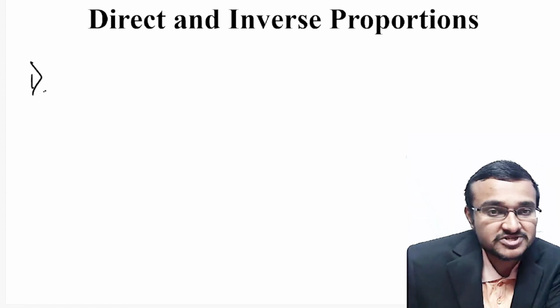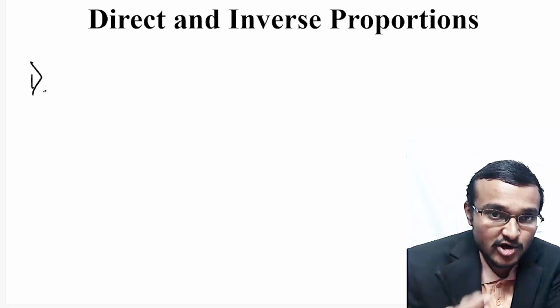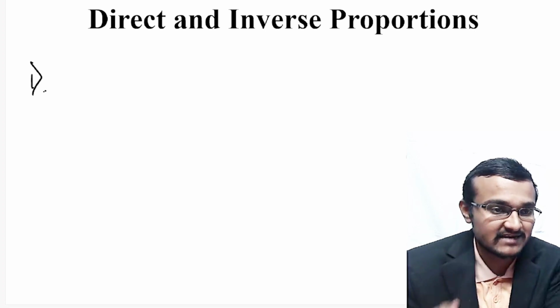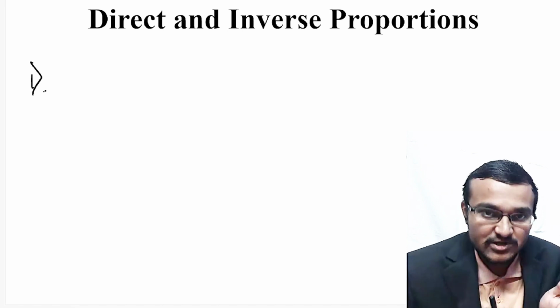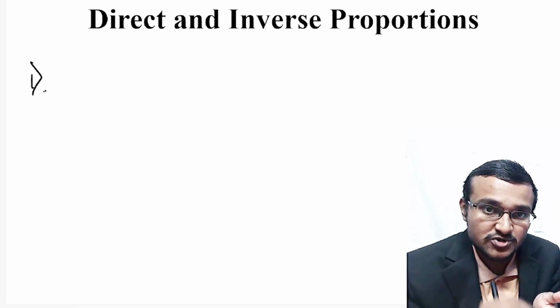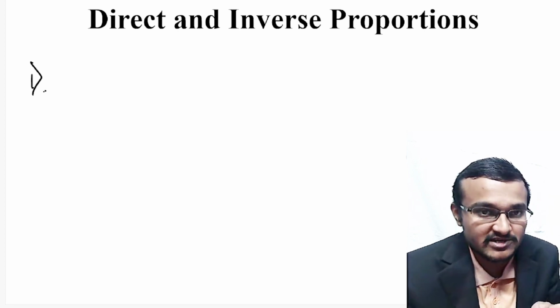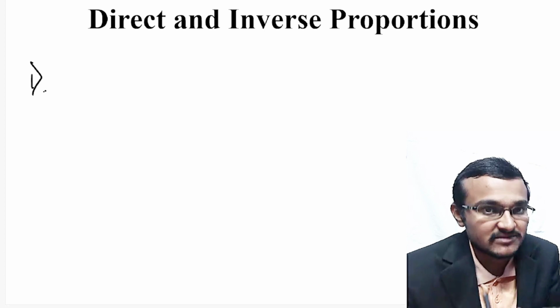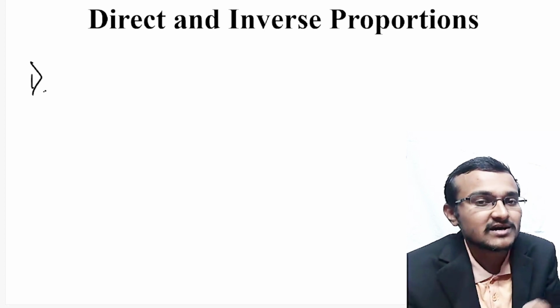Coming to the first question in exercise 11.2, they have given: which of the following are inversely proportional? That means they have given a certain set of examples. They have given 5 questions in this first question, and you should tell whether the two physical quantities given in each are inversely proportional or not.